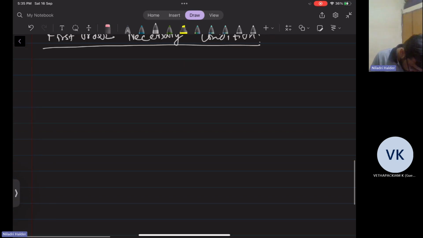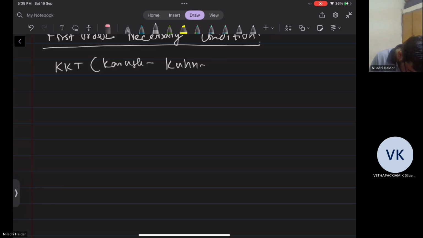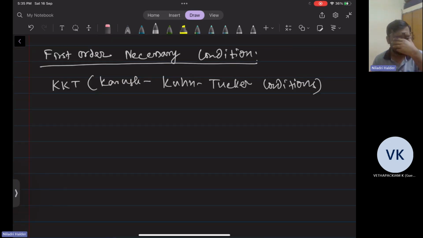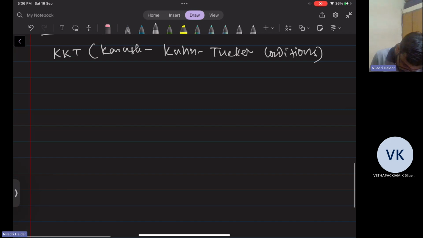These conditions are also called the KKT conditions. These are very useful conditions for the inequality constraint case, and you may see them many times.